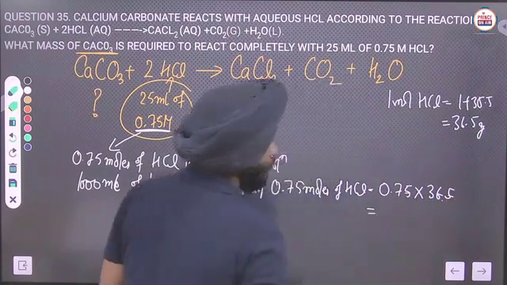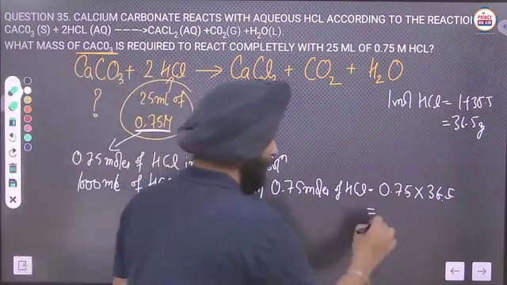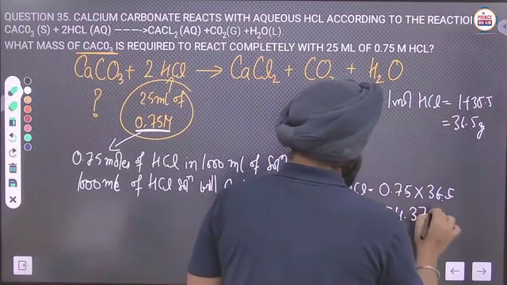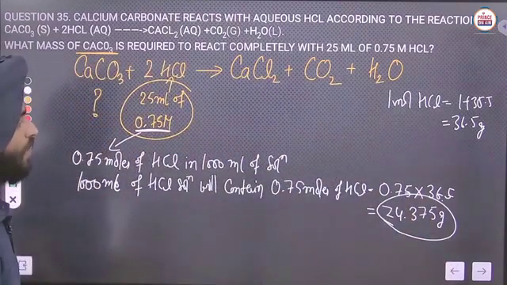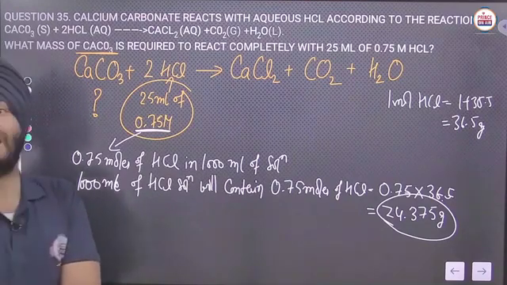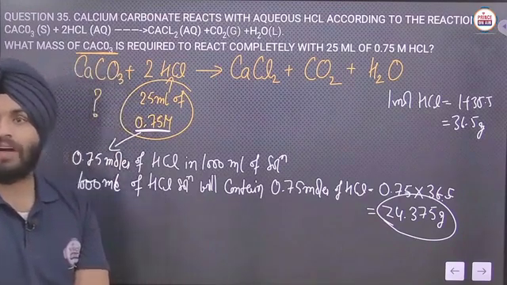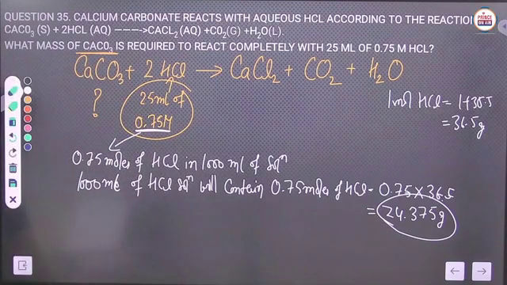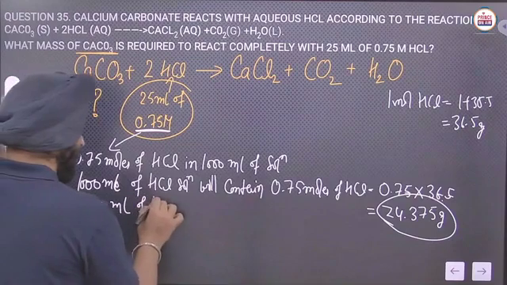Just do that calculation and you will get 24.375 gram, in 1000 ml. Means in 1000 ml of HCl solution you will get 24.375 gram of HCl. Clear?